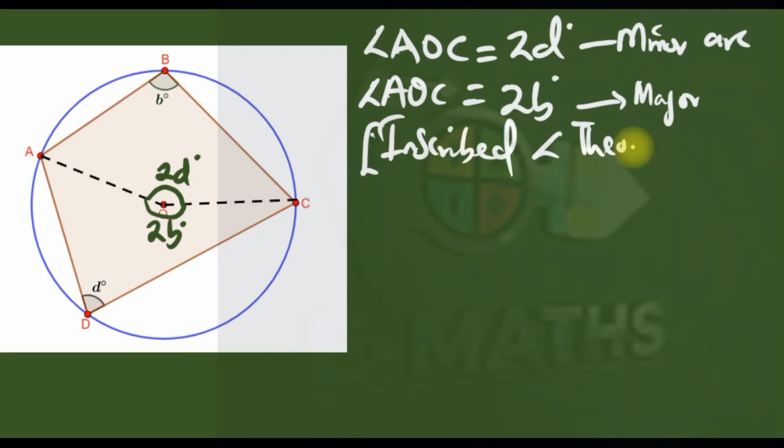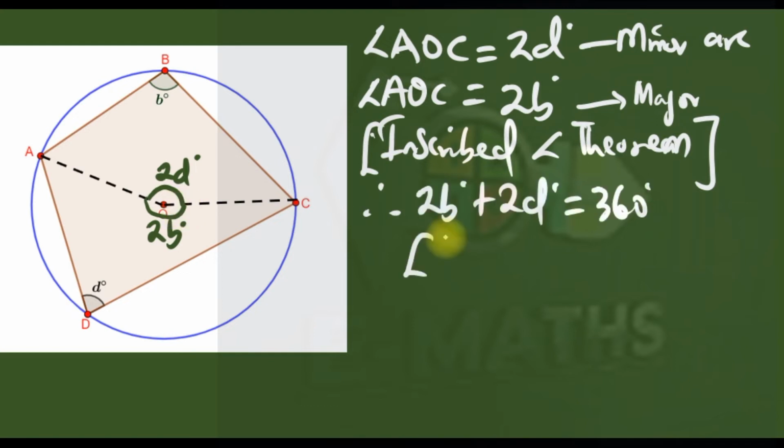That's the angle at the center is 2 times the inscribed angle. Therefore, we form angle at a point here. So we see that 2B plus 2D is 360. Why? Angle at a point.